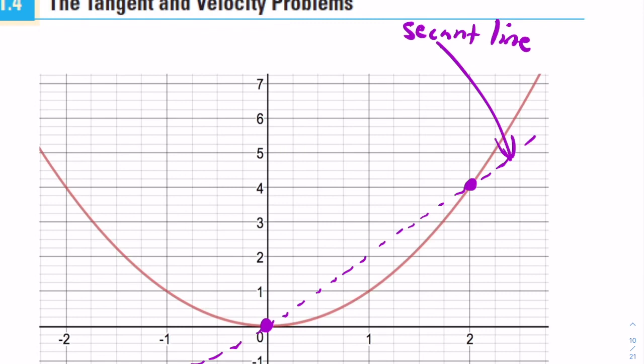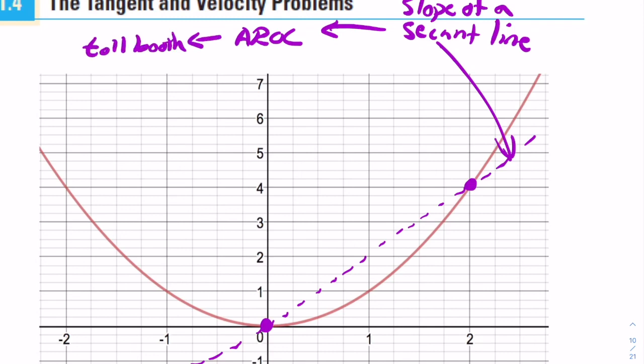So when you're finding the slope of a secant line, you're really finding the average rate of change, which is the toll booth scenario. Okay? Make sure that you guys jot this one down. So that toll booth operator needed 2 whole receipts or 2 data points to prove that you were speeding.